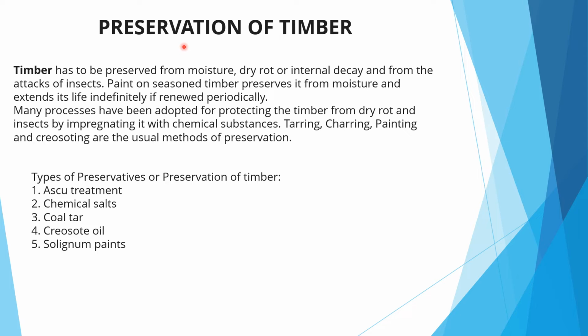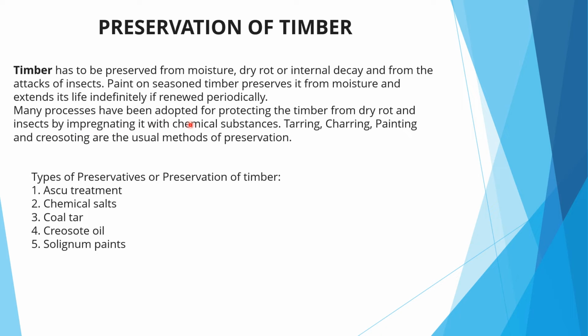Now, preservation of timber. Timber has to be preserved from moisture, dry rot, or internal decay, and from the attack of insects. Paint on seasoned timber preserves it from moisture and extends its life indefinitely if renewed periodically.